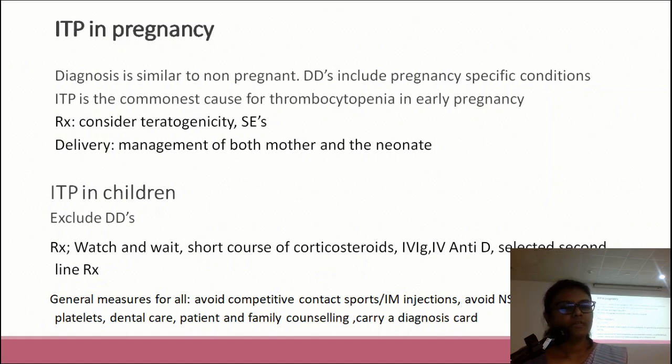But of all these, ITP is the commonest cause of thrombocytopenia in early pregnancy, because other causes worsen the thrombocytopenia with the progression of gestation.